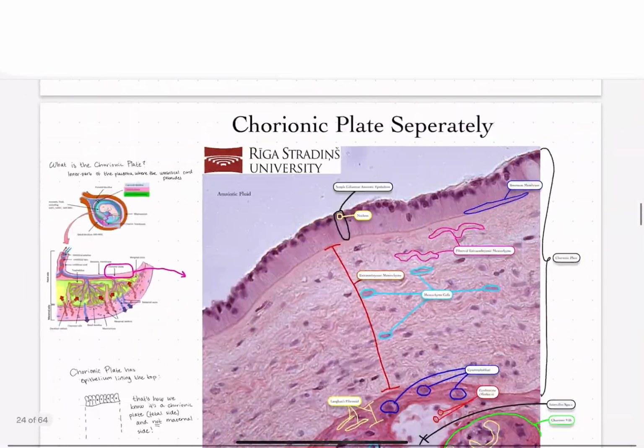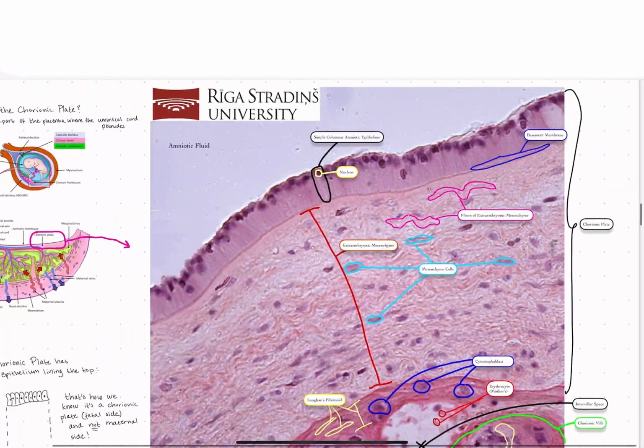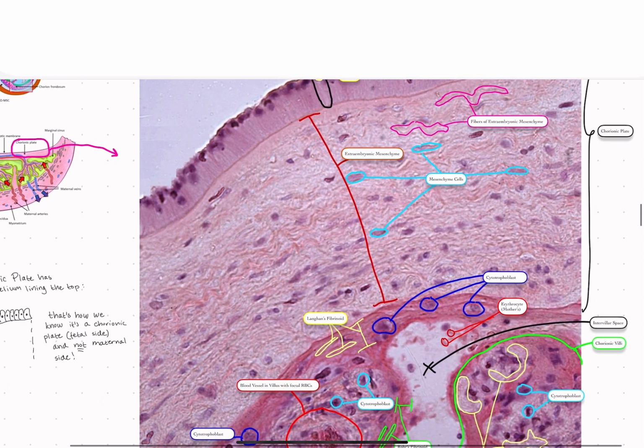You can see them down here as well. Although they look very oddly shaped at times, they are pretty much evenly formed. There's not really much of a difference between this cell and this cell, or this cell and this cell. The cytoplasm is about the same. They look very even, very uniform.